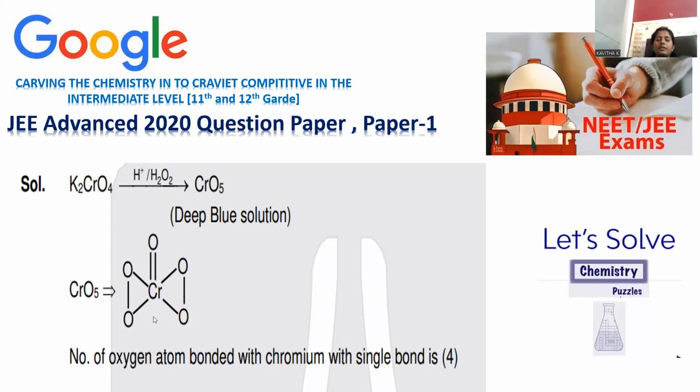Why can we say +6? Even without knowing the geometry, as per the general analogy, 5 oxygens each contribute -2, so 5 multiplied by 2 gives +10 expected around the central chromium. But in practice, the maximum oxidation state possible for chromium is +6 only.